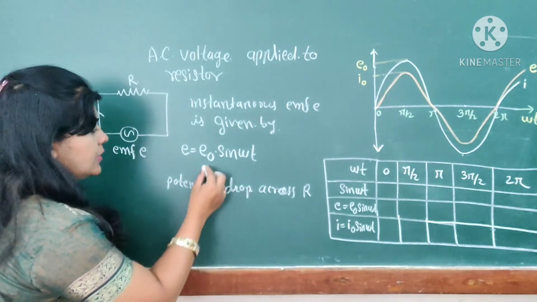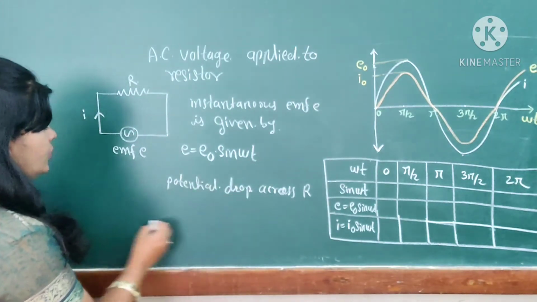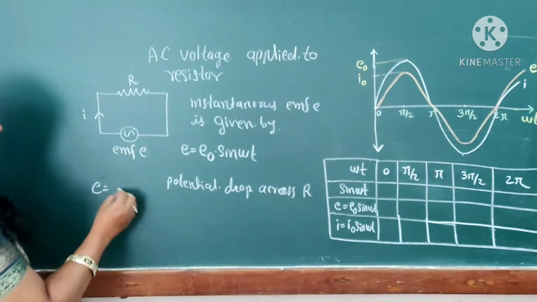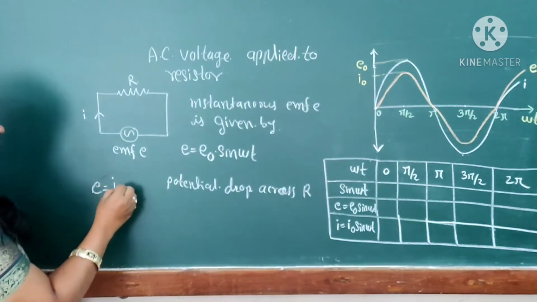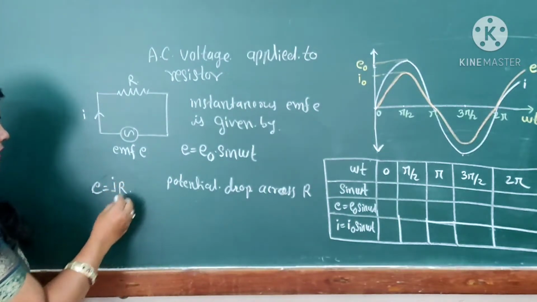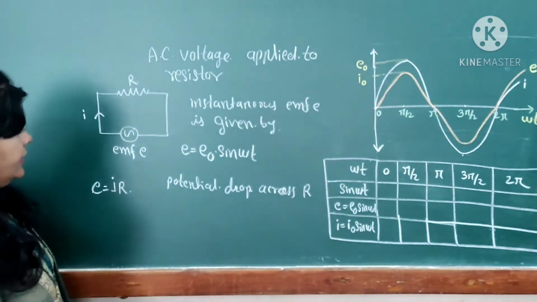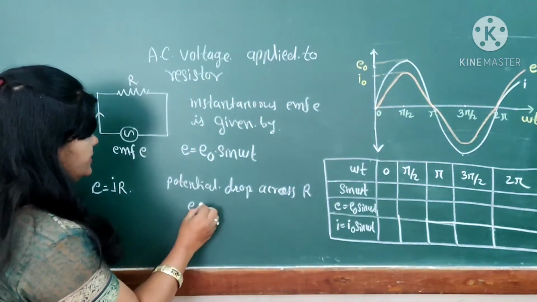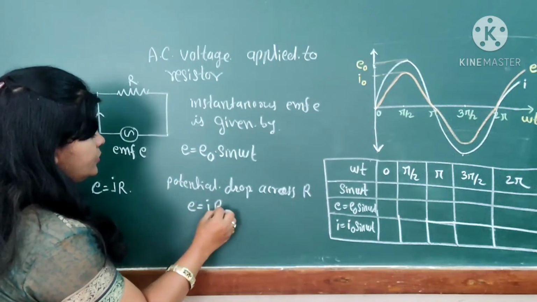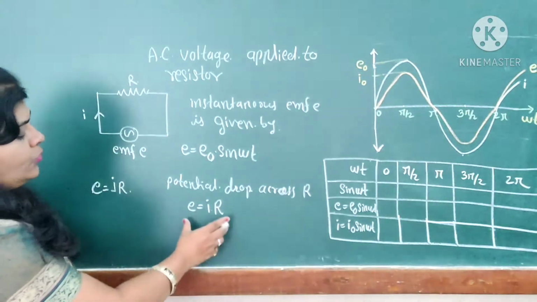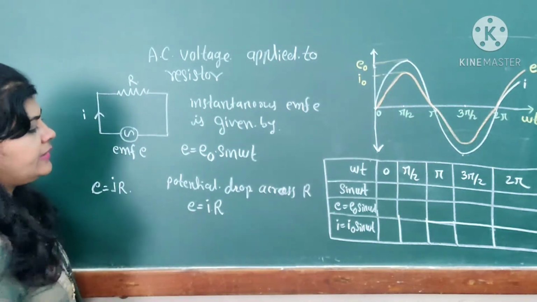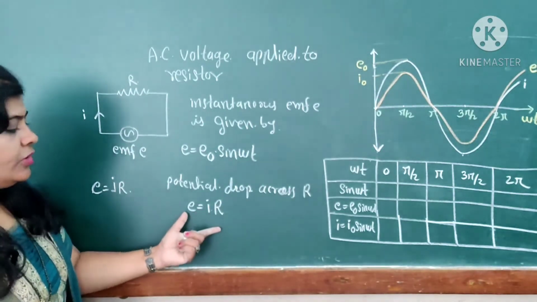According to Ohm's law, we know that E is equal to current I into R. Here we write E is equal to I into R. Ohm's law, V is equal to IR, like that we are applying the formula.